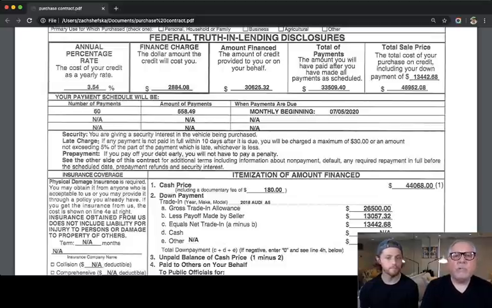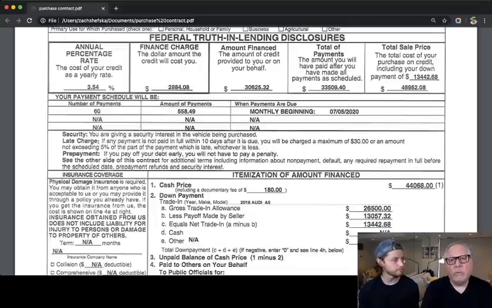The second box is the finance charge. That's the amount of interest that will be paid over the term, and this term is 60 months, if you take all 60 months to pay it off. So that's your total interest payments over the 60 months.